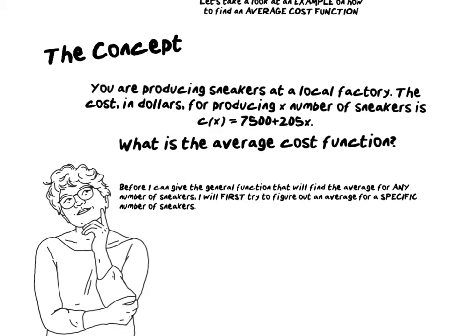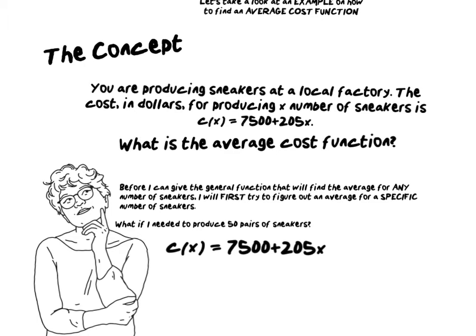Before I give a general function that can find the average for any number of sneakers, I would like to first figure out an average for a specific number of sneakers. So what if I needed to produce 50 pairs of sneakers? Everything will begin with this cost function.